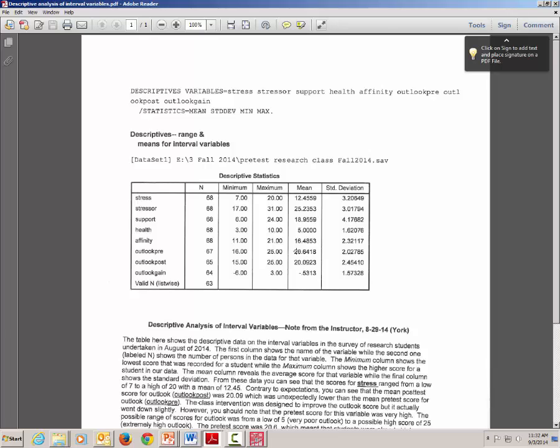Not much room for growth. So perhaps I was barking up the wrong tree when I decided to measure course outlook as a way of evaluating how well the first class experience worked. They were already pretty positive, quite positive. So there was not much room for growth there.